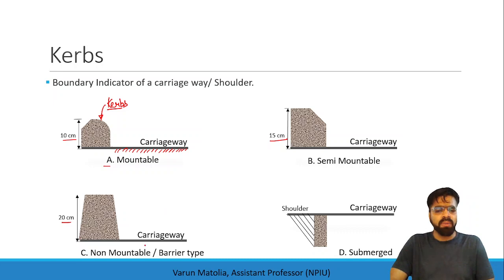These are known as non-mountable or barrier type curbs. So these curbs are classified on the basis of their height. Another curb is known as submerged curb. This curb is provided to give lateral support to your carriageway, to your pavement. So these are the curbs which are provided on the roads.